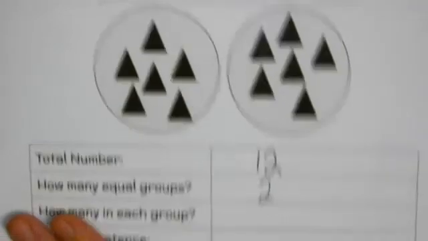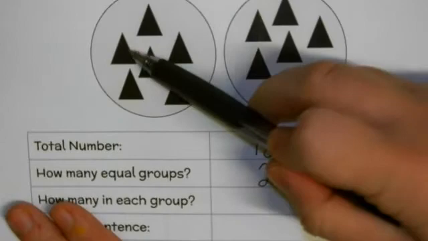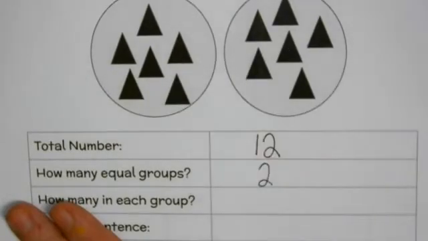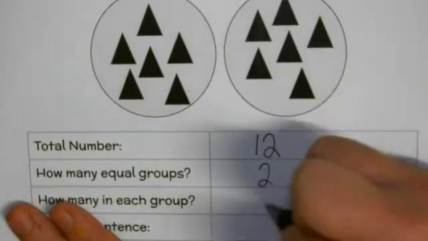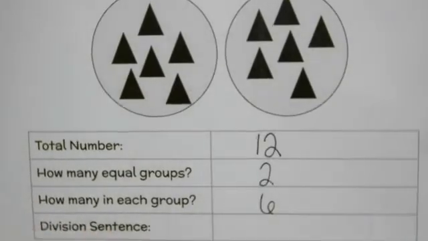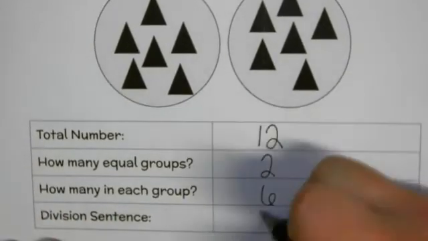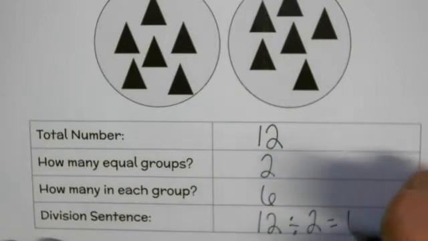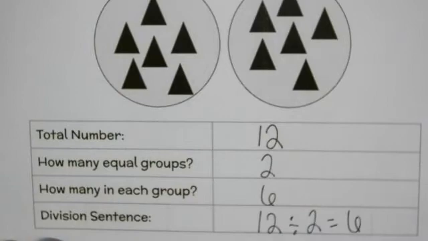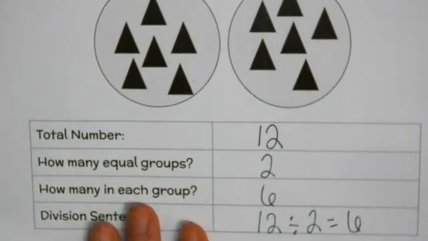How many in each group? 1, 2, 3, 4, 5, 6. Let's check and make sure it's the same over here. 1, 2, 3, 4, 5, 6. So if I have 12 triangles and I divide them into 2 groups, I get 6 in each group. So 12 divided by 2 equals 6.